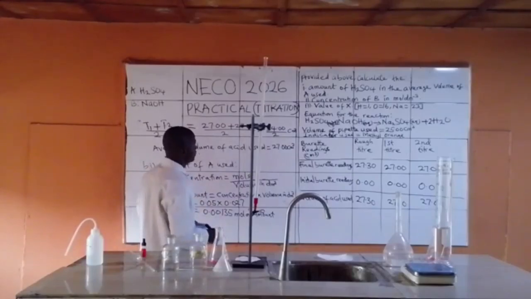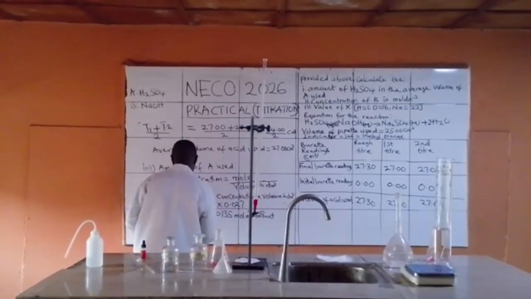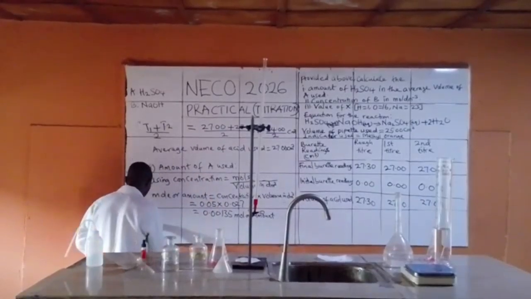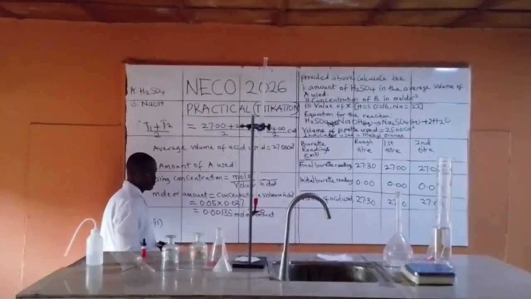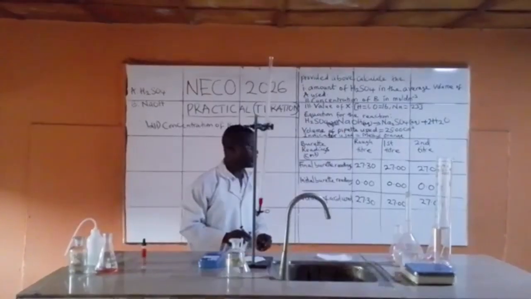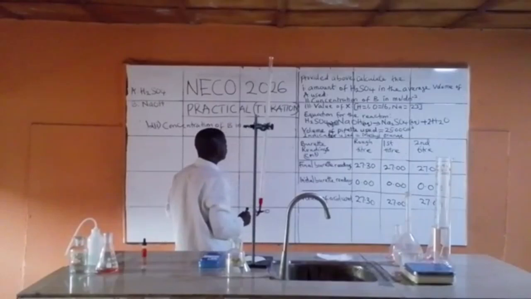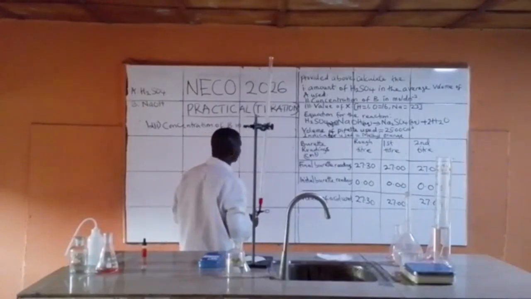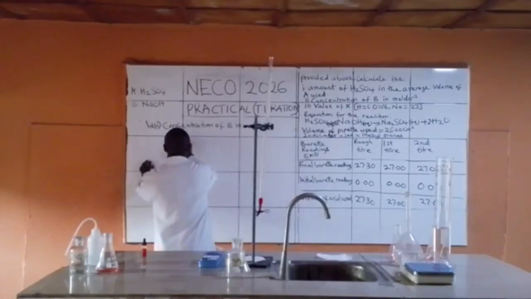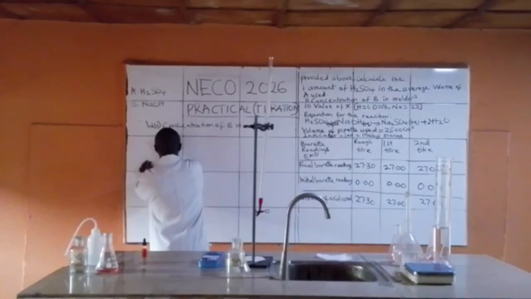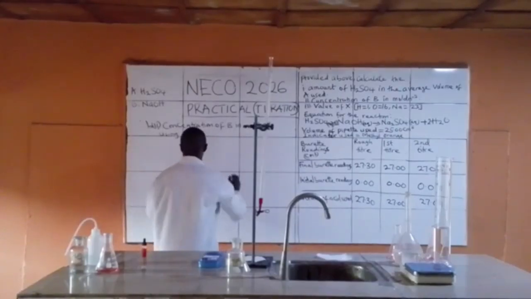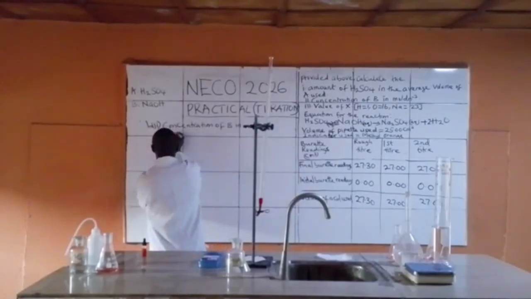Having calculated the Roman figure 1, which is the amount of H2SO4 in the average volume of A used, we move to B Roman figure 2. Of B Roman figure 2, concentration of B in mole per dm cube can be calculated using, in this case, the dilution law.